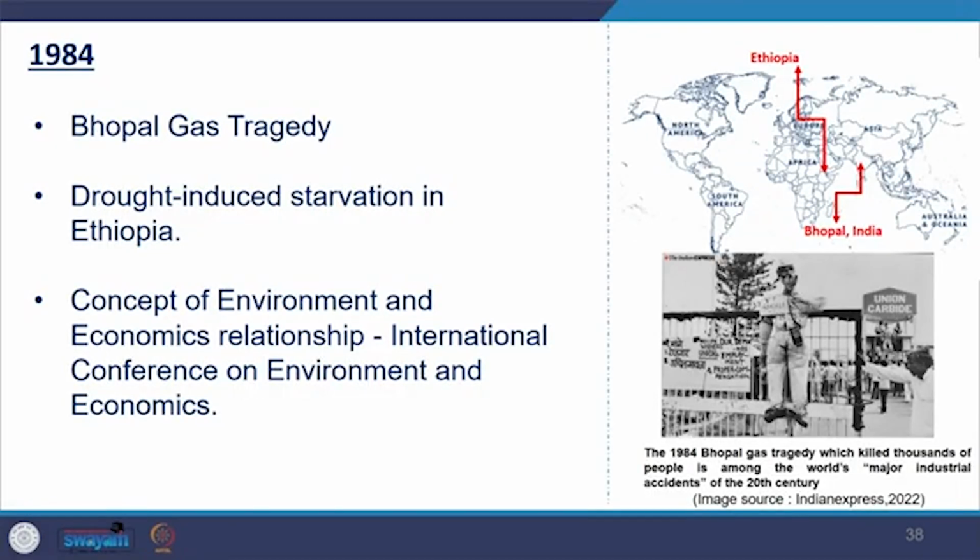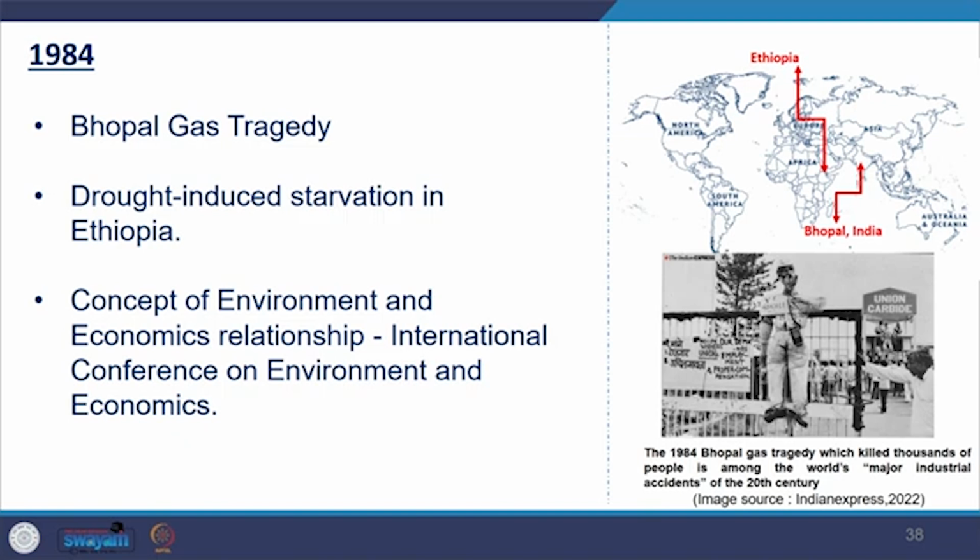And we see another accident which happens in 1984, the Bhopal gas tragedy, a toxic chemical leak, which leads to the death of thousands of people and injuries as well. And this led to major industrial policy change and also environmental concerns.